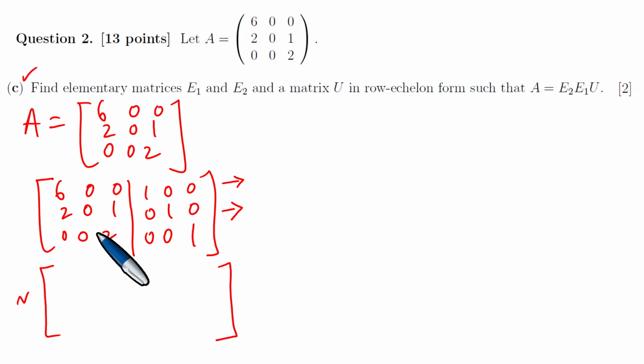We can say row 3 plus 2 row 2. But that's going to change the first value of the last row.